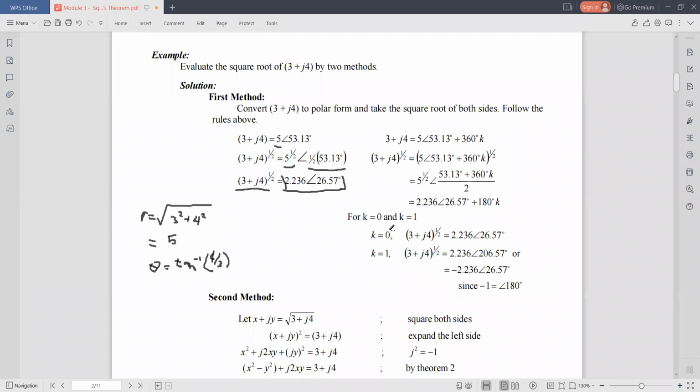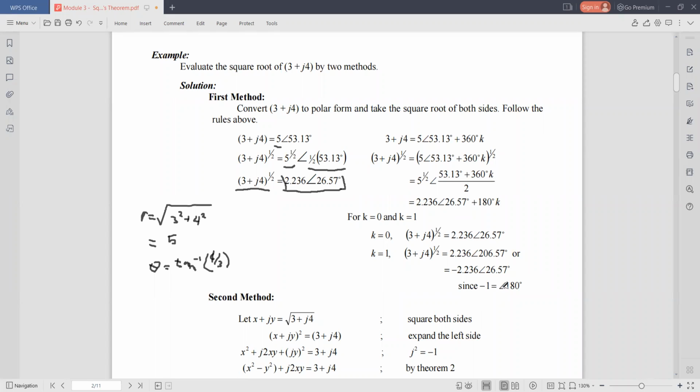This is for your principal value. If k is 0, this is your origin, the base polar form. If k is equal to 1, then obviously you need to add 180 degrees to your angle. It is shifted.